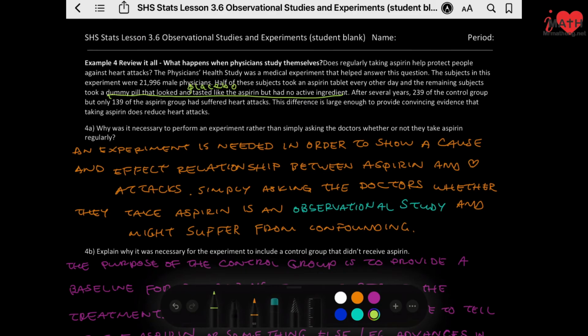Why do we have to perform an experiment? An experiment is needed in order to show a cause and effect relationship between aspirin and heart attacks. Simply asking the doctors whether they take aspirin is an observational study and might suffer from confounding, right? Maybe they decrease in their heart attacks because maybe they were marathoners or because they had a strict vegetarian diet.